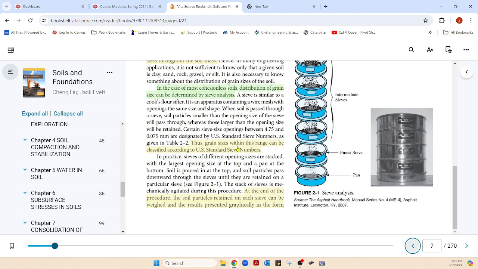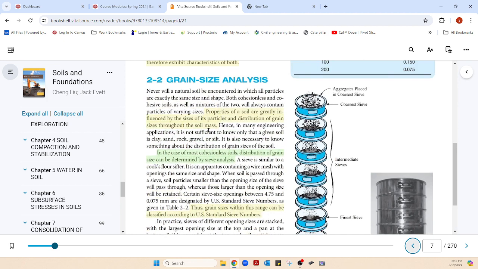But anyway, getting back to the analysis, the properties of a soil are greatly influenced by the size of the particles and, like I said, the distribution of their sizes throughout the soil mass. How is it distributed? Do we have the same particles covering up more area than different size particles scattered out?